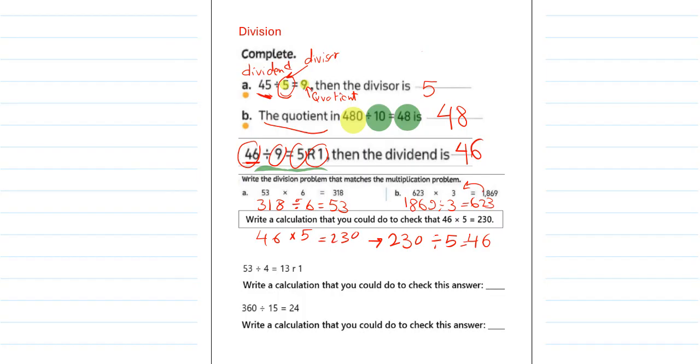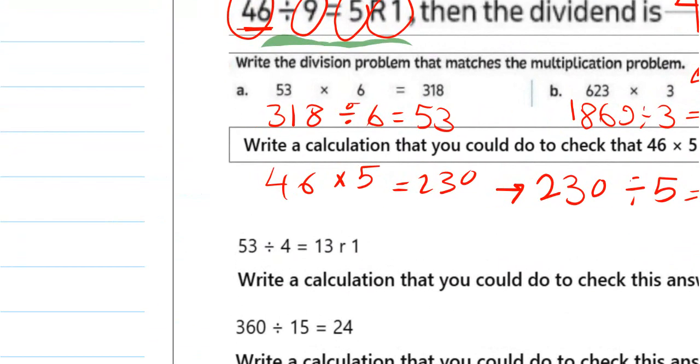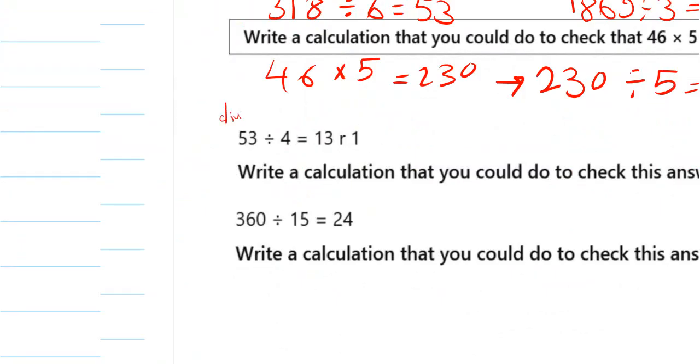Here we have a dividend and divisor, quotient, remainder. You will multiply the quotient times the divisor. It will be 13 times 4. Then add the remainder, plus 1.